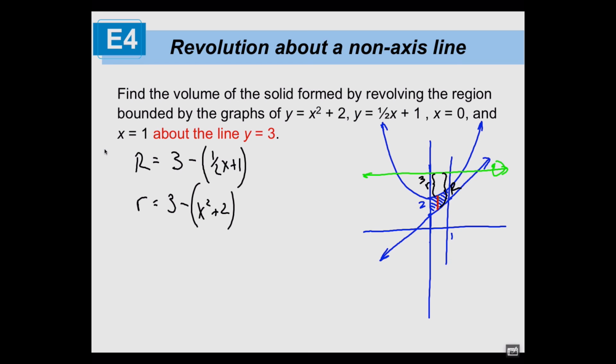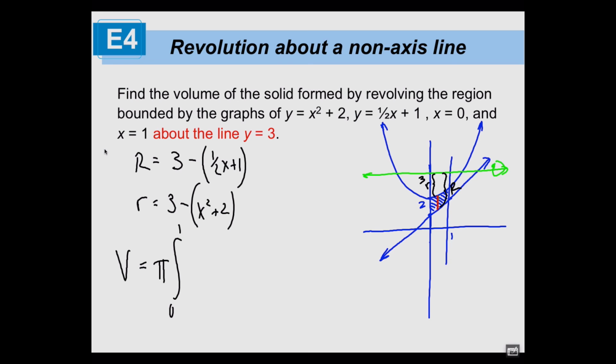That's the hard part. Now the easy part is remembering the formula and plugging it in. We're going to move the pi out in front. We're going to take the integral from what to what? 0 to 1 of, what's the formula for this? This is a washer, right?